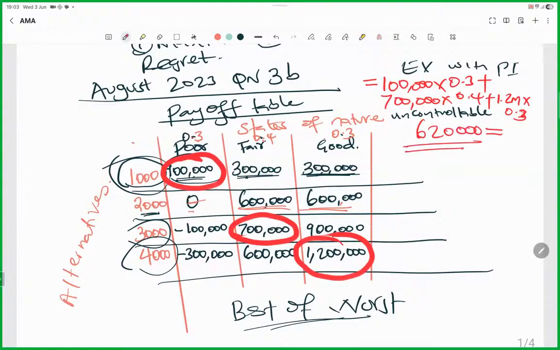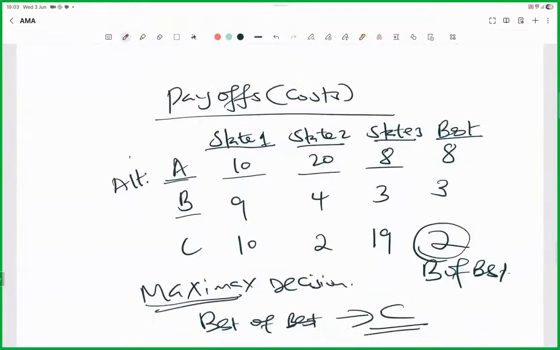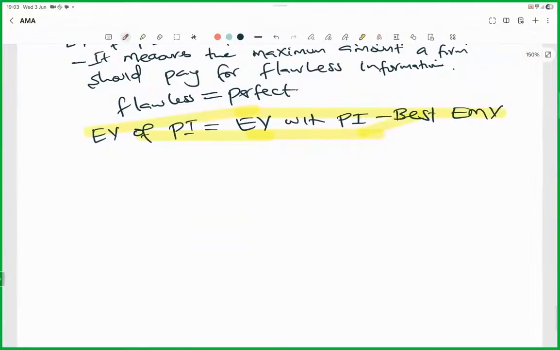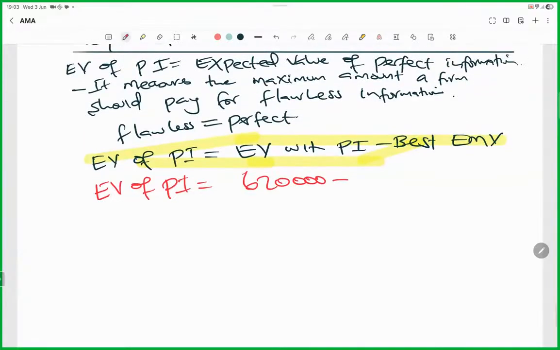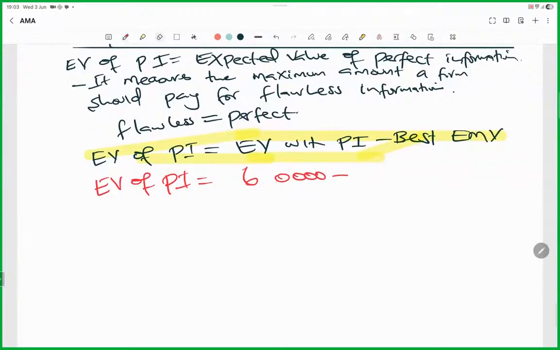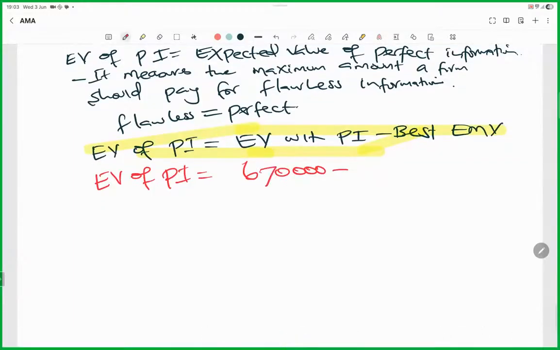Is that okay? Then give me this thing which we are calling EVPI. Our EVPI will be EV with PI, which is 670,000, sorry for that, minus best EMV that you had obtained up there, which is 520,000.